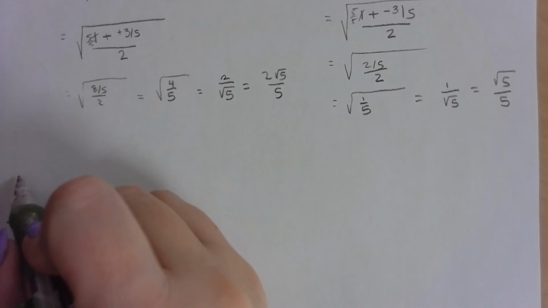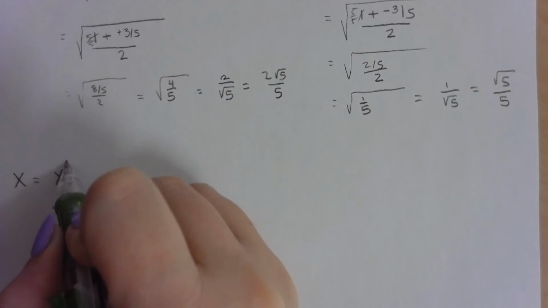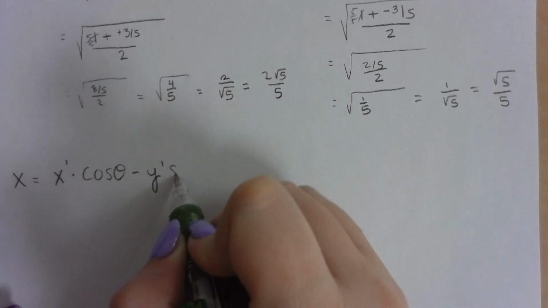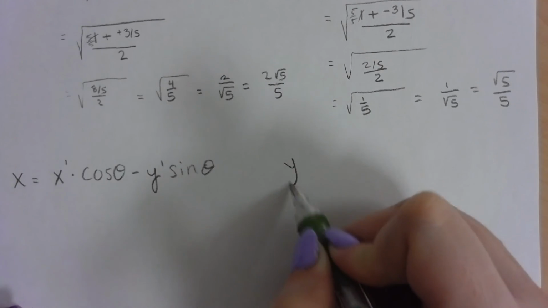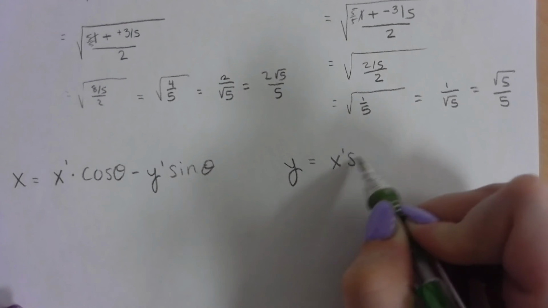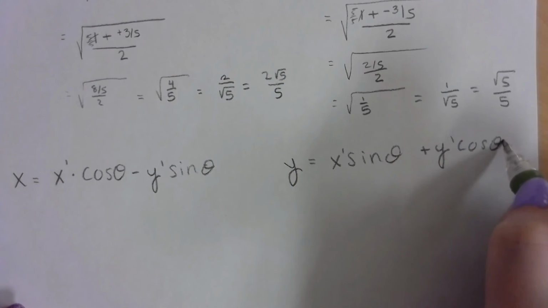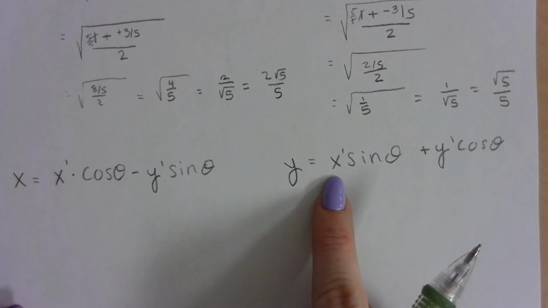Our equations, remember, are x equals x prime times cosine theta minus y prime sine theta, and y equals x prime sine theta plus y prime cosine theta. Those are the formulas. These two you need to know. These two I will give you on the test.